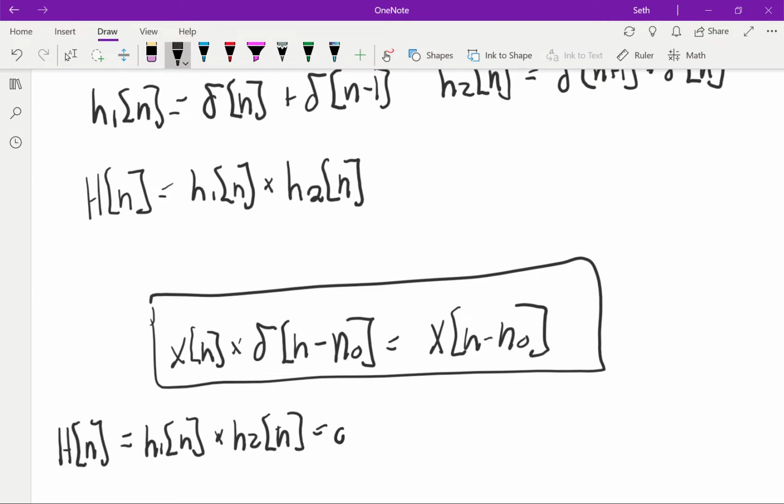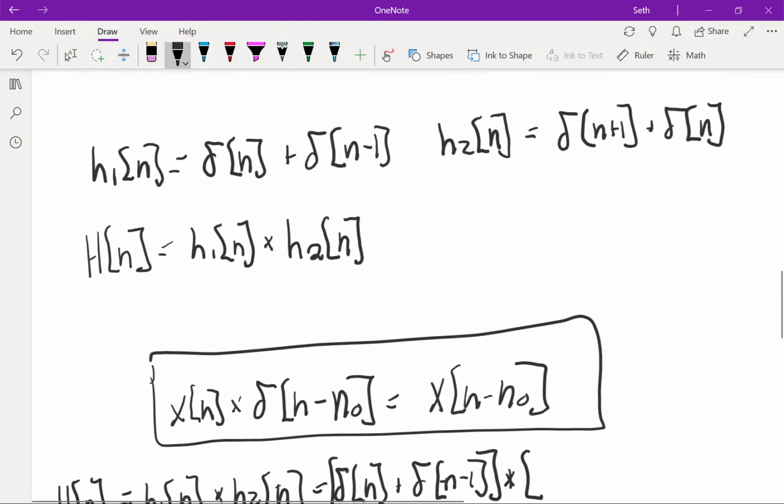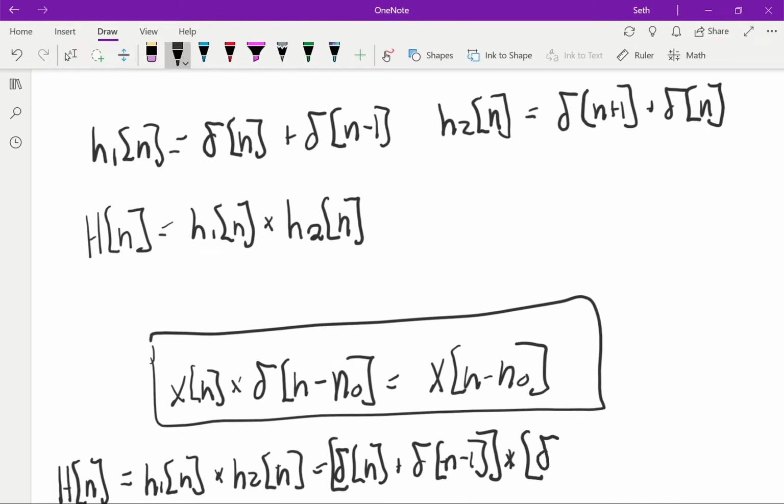That's equal to delta n plus delta n minus 1, convolved with h2, which is just given as delta n plus 1 plus delta n.